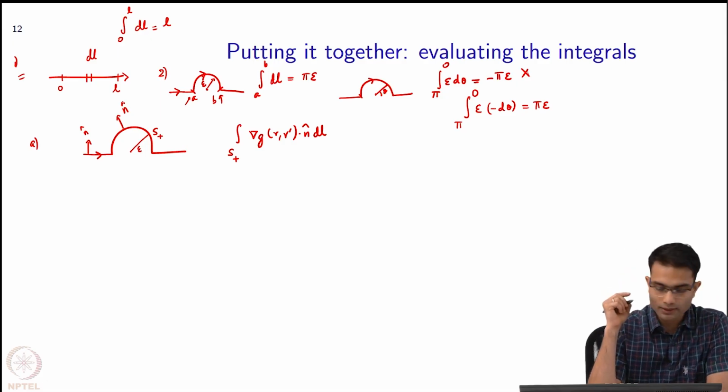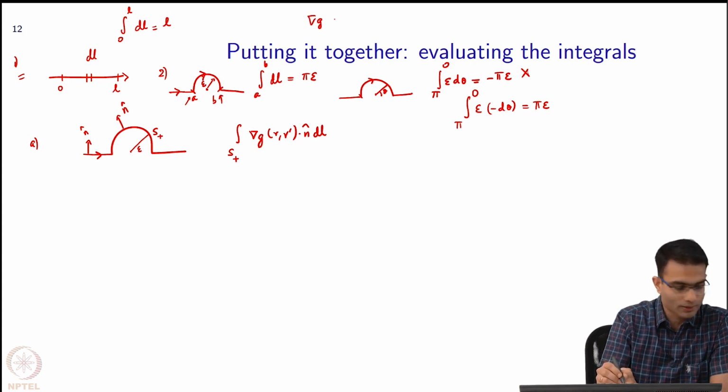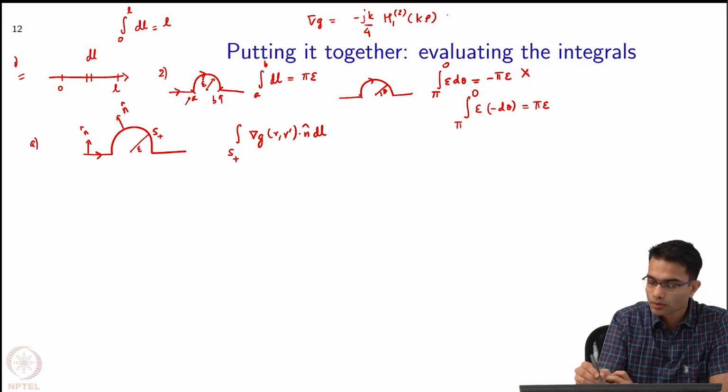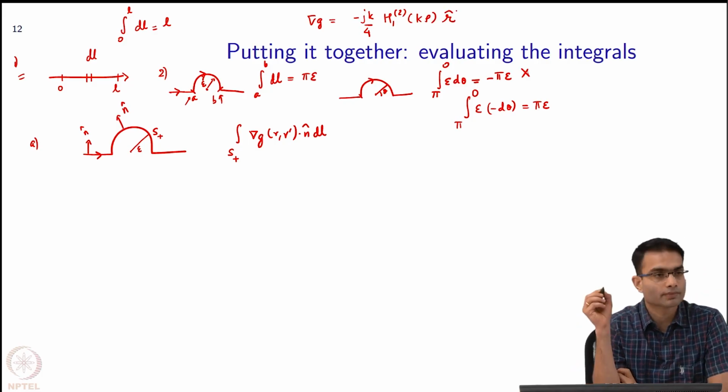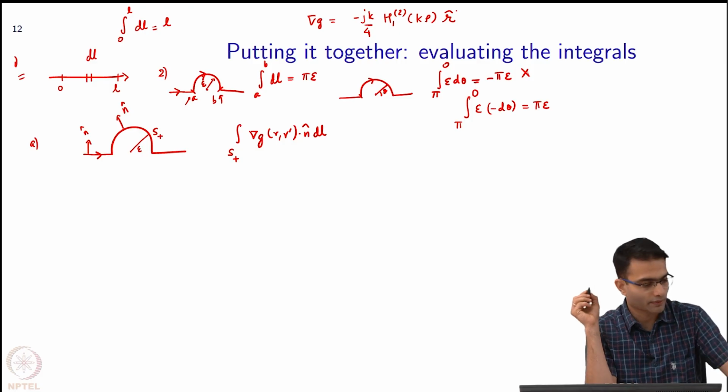Now, what is grad g dot n hat? So, grad g we had written as minus j k by 4 h 1 2 k rho r prime. Is that correct, or am I off by a minus sign? Well, we can just check back.